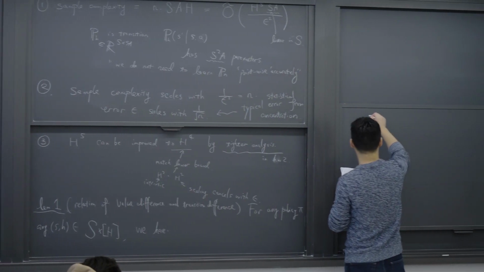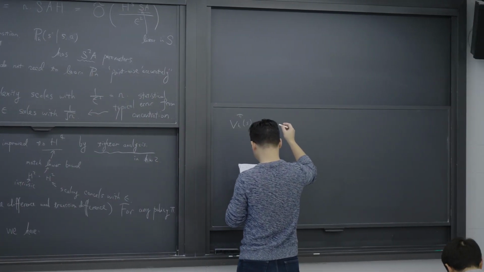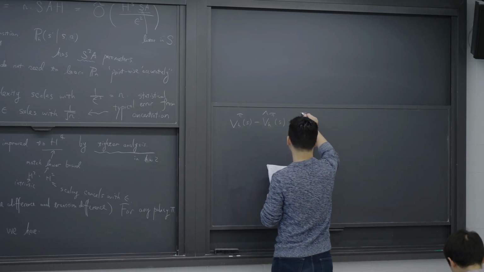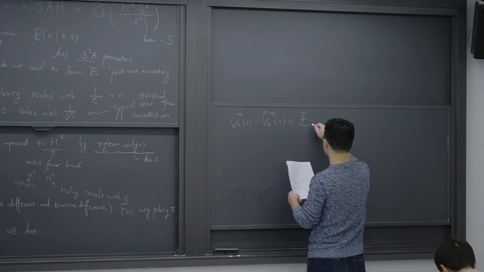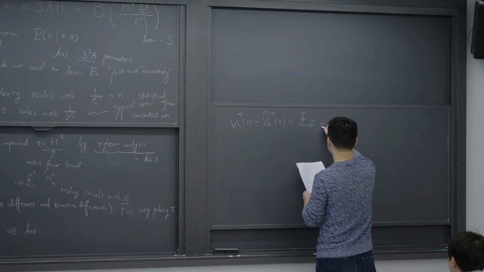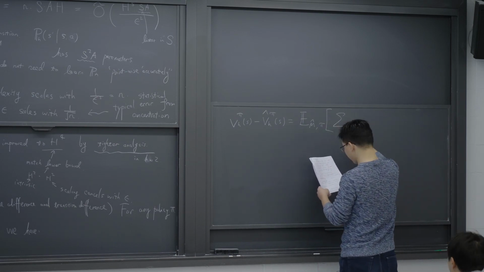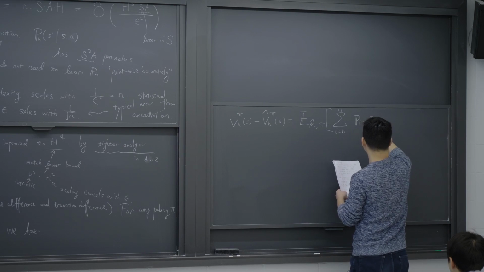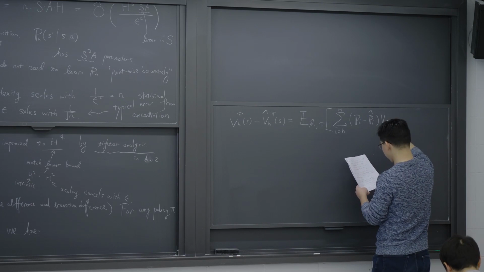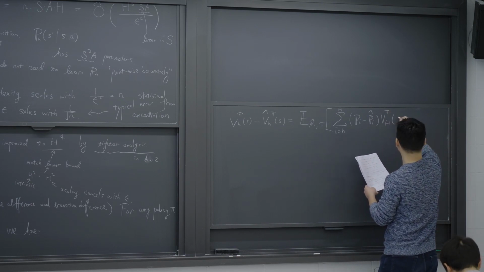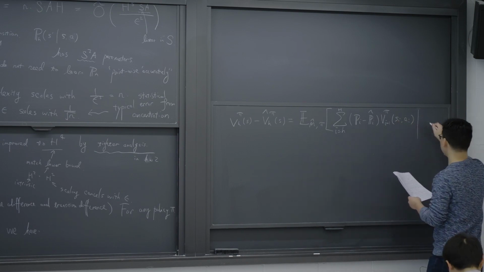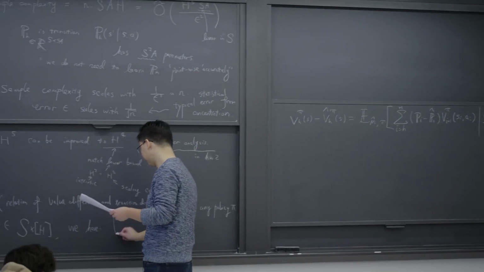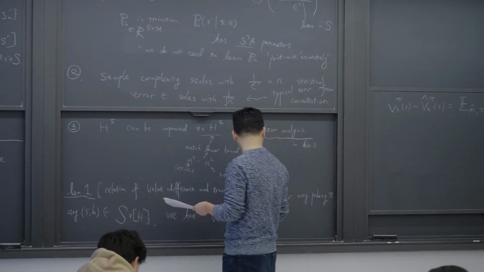That is, V^pi_h(s) minus V-hat^pi_h(s) is equal to the expectation, we'll talk about what this notation means later, under M hat and pi, of the summation of i from h to capital H of (P minus P hat)_i V-hat_{i+1}^pi (s_i, a_i), conditioned on s_h equal to s. So this holds for any h and s.